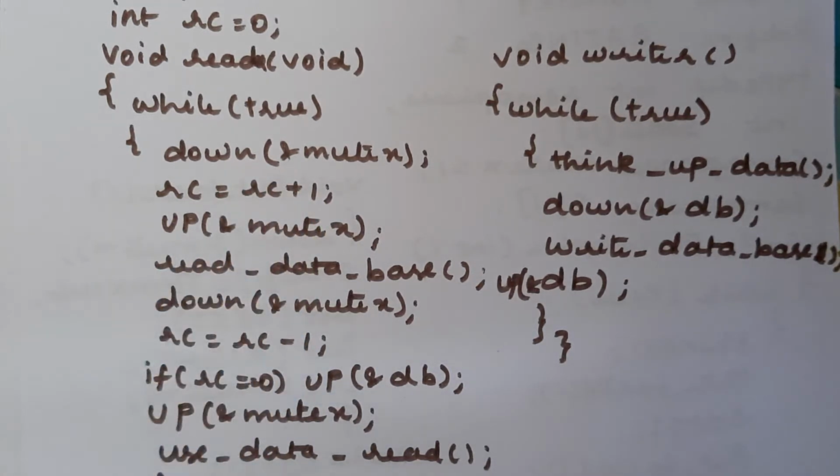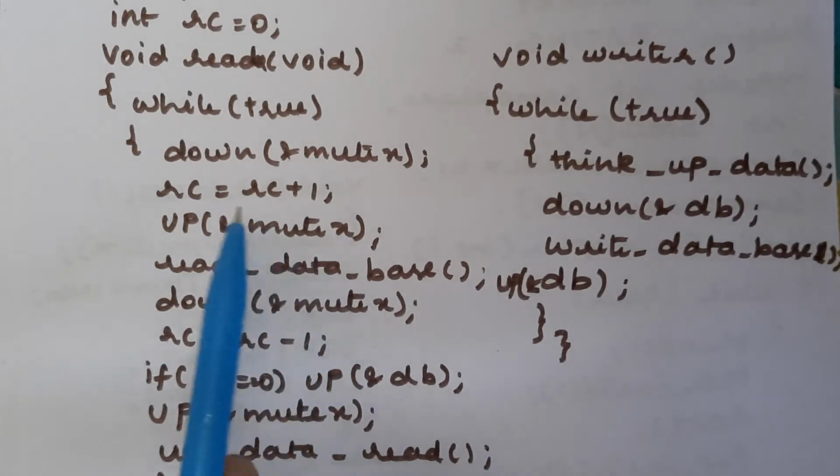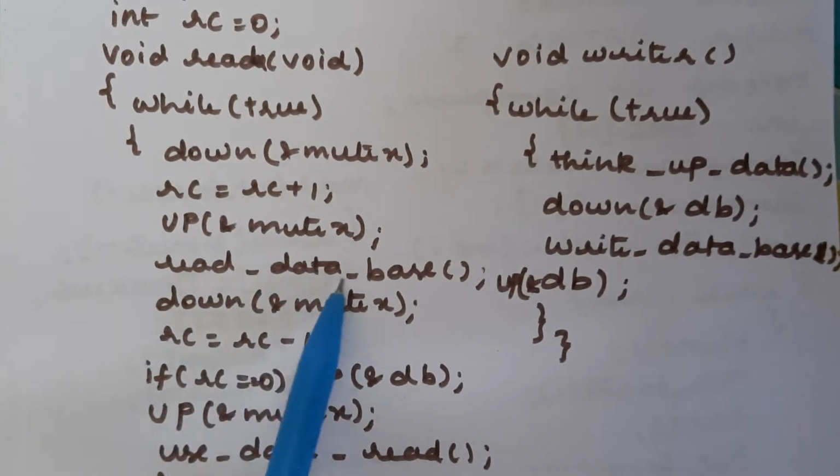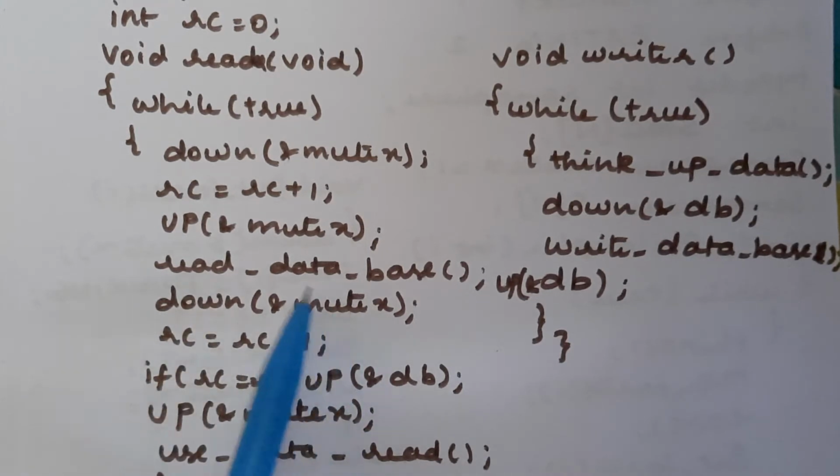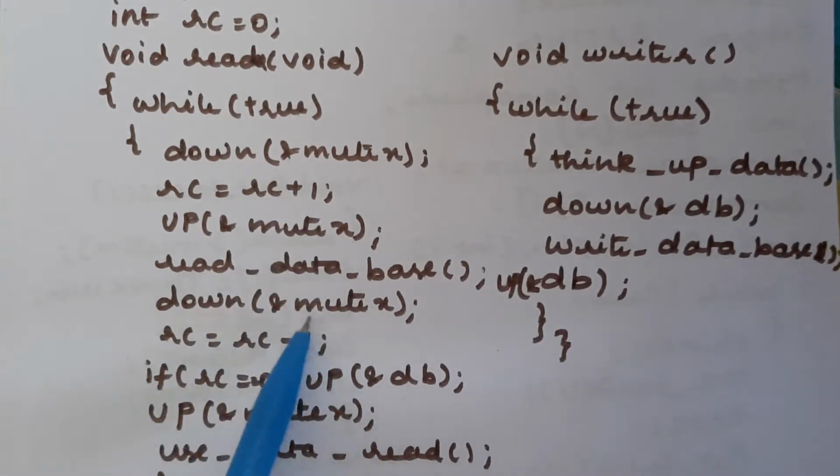And then up of mutex, which is nothing but he released that read count because he is going to read that database, the common data. And afterwards down of mutex, which is nothing but again he wants to get the access to read count because he needs to decrement it. Because he wants to exit from the critical region, he needs to decrement it.